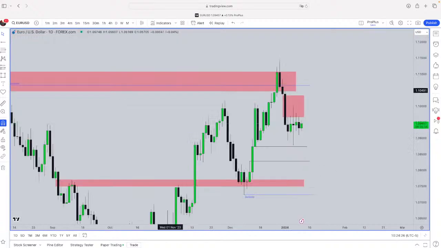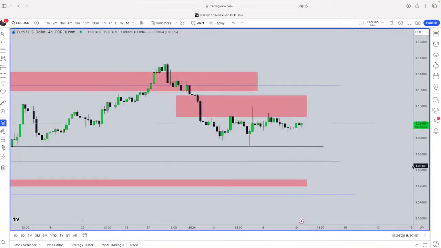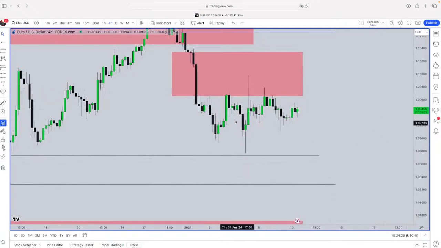So if we take a look at the higher time frame on the 4 hour, just look how choppy that has been.